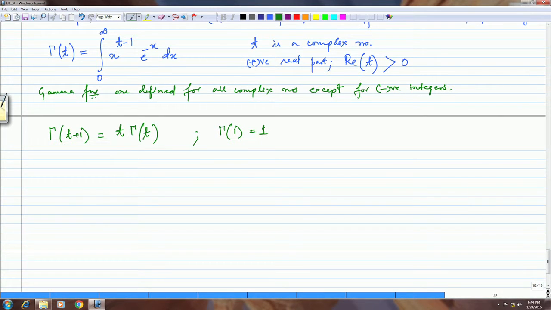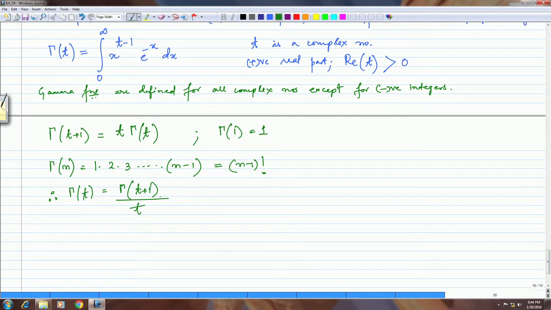Then we can write gamma of n as 1 into 2 into up to n minus 1, which is nothing but n minus 1 factorial. We can also write gamma t is gamma t plus 1 by t. So this is a little bit about the gamma function.